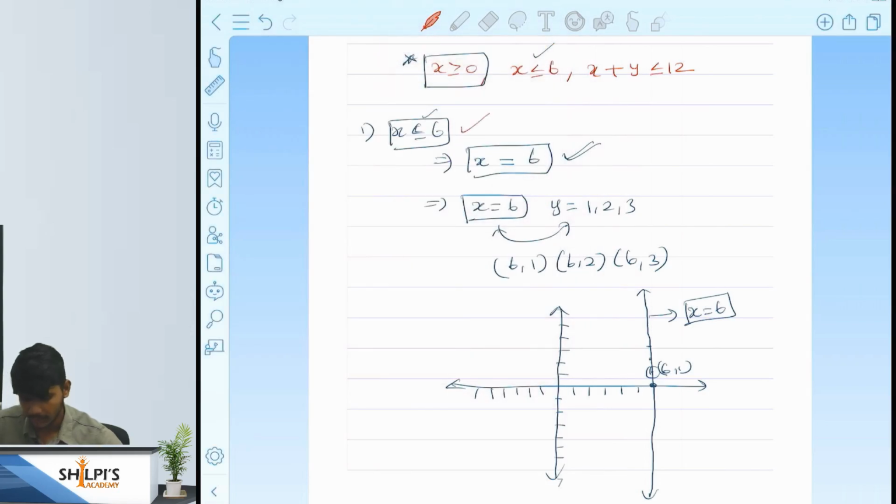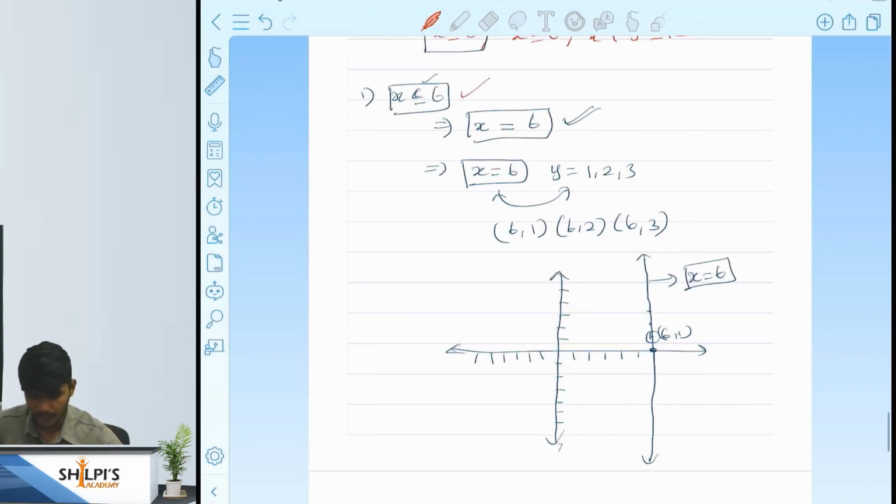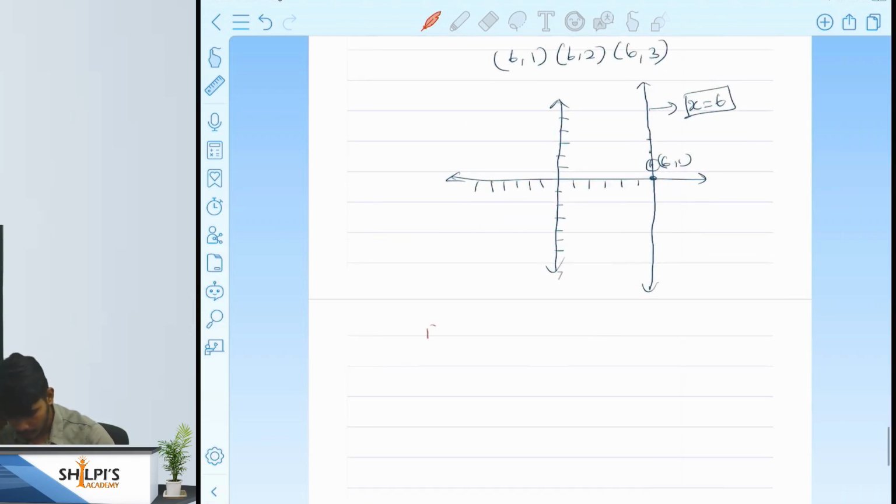For this, as we said before, if we have linear inequalities, I will have one shaded part. To find in what side we have to shade, what we will do is take 2 points.